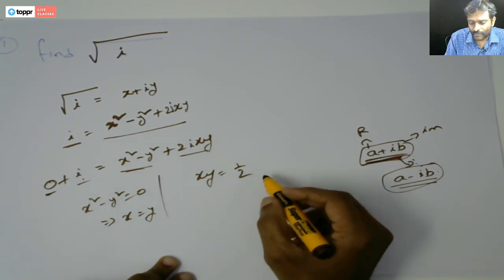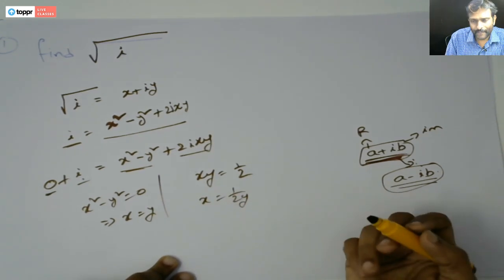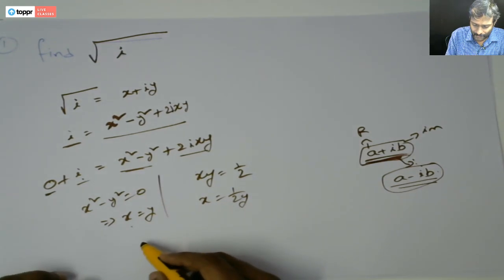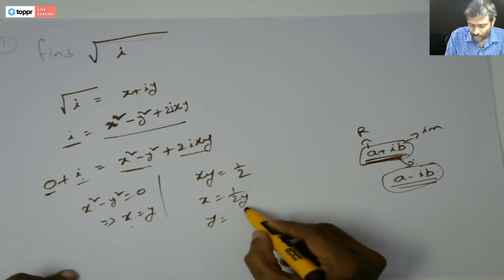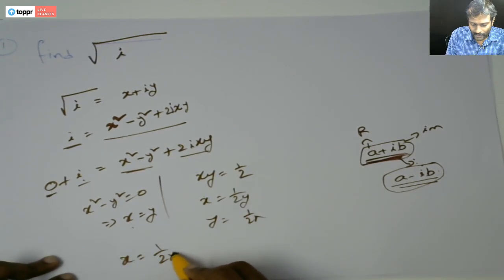So xy is equal to 1 by 2, or you can simply say x is equal to 1 by 2y, or else y is equal to 1 by 2x. You can write any of those.